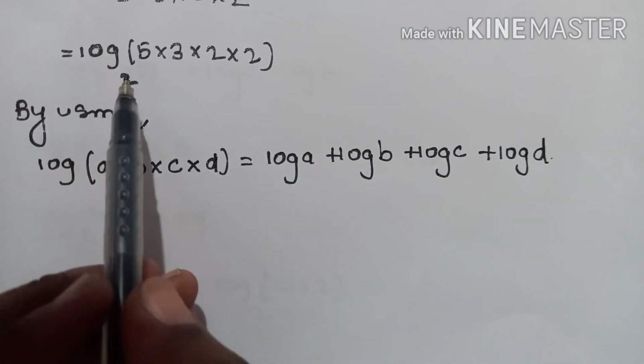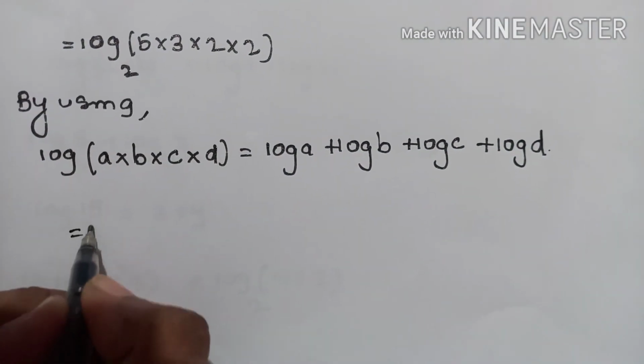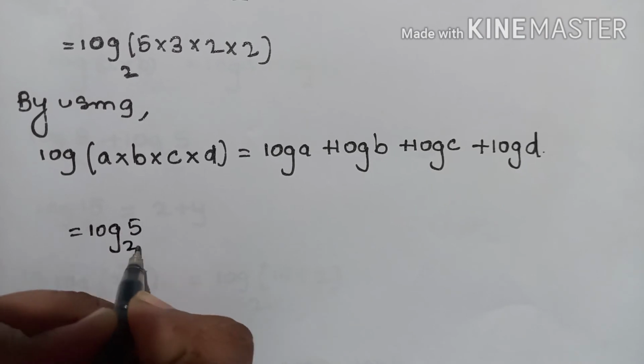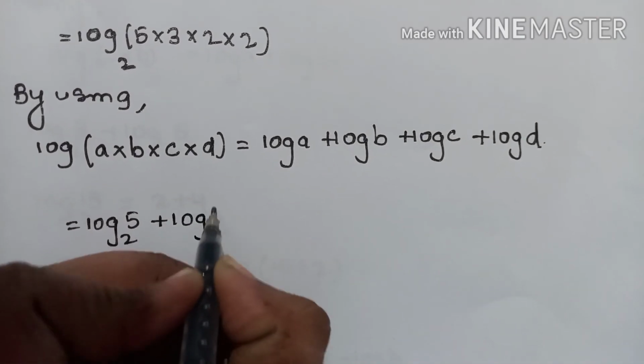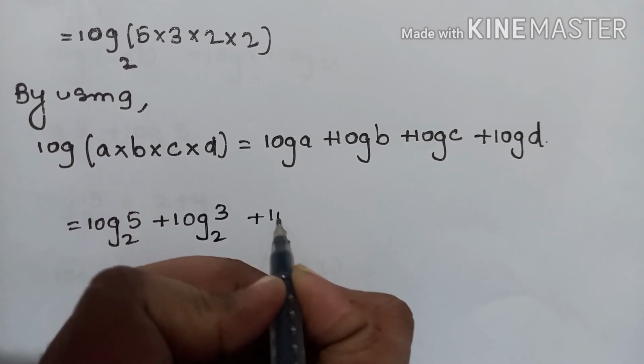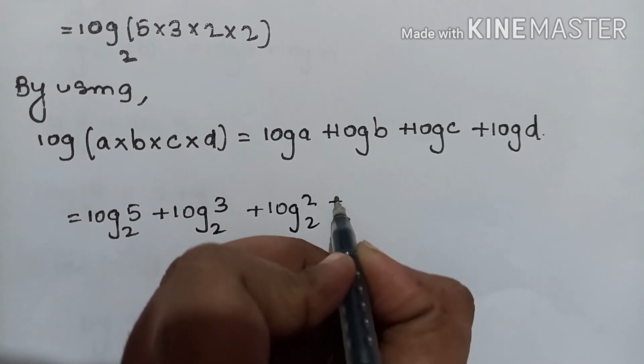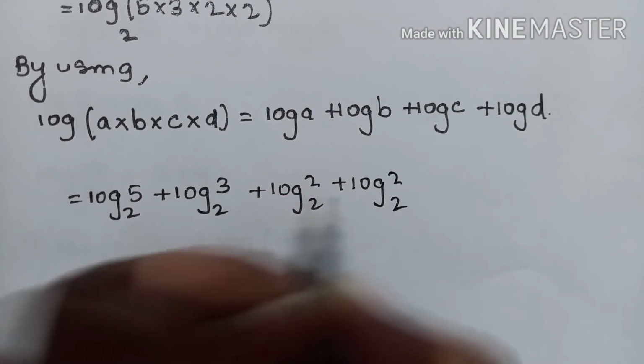And we are going to apply this here. So it gets log 5 to the base 2 plus log 3 to the base 2 plus log 2 to the base 2 and plus log 2 to the base 2.